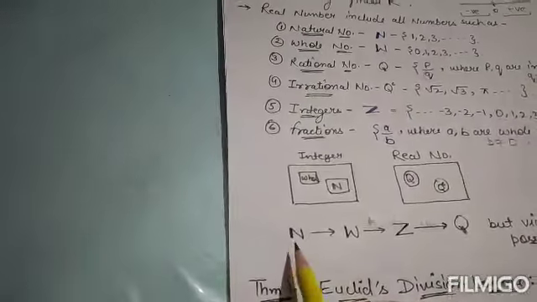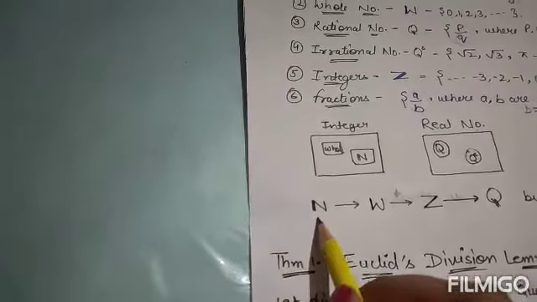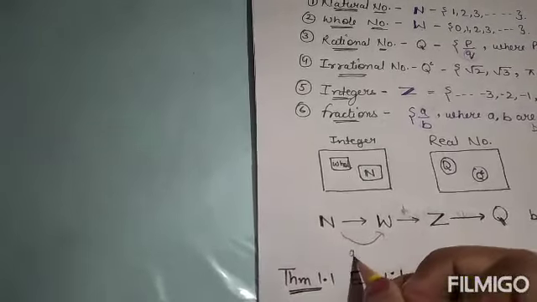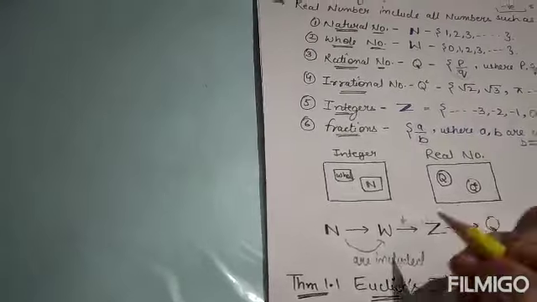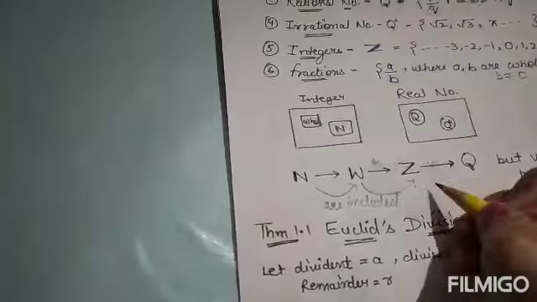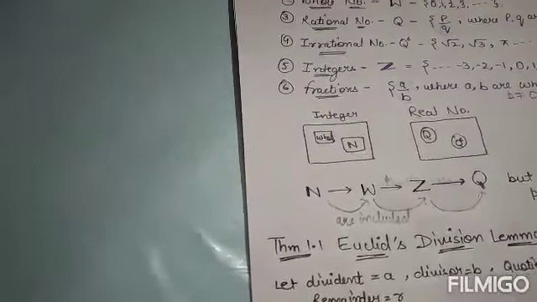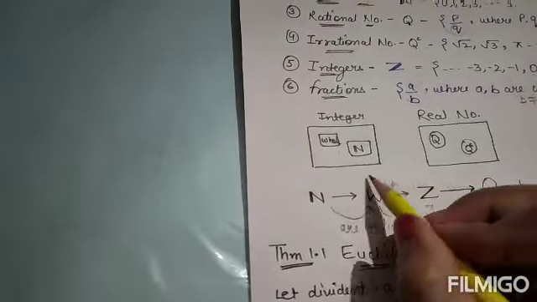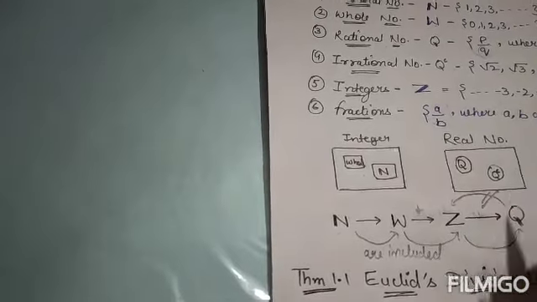If we talk about this process, look, natural numbers are included in whole numbers. Whole numbers are included in integers. Integers are included in rational numbers, but vice versa is not possible. We cannot go in the opposite direction.